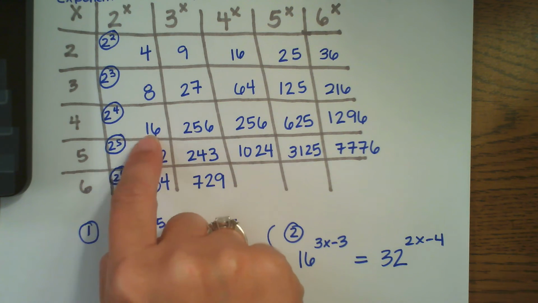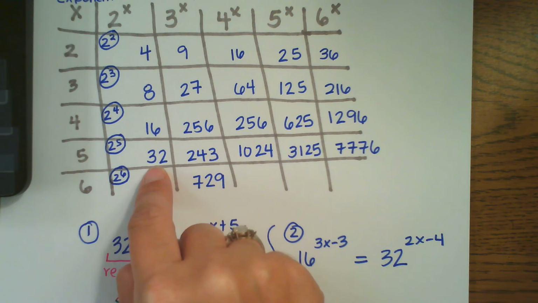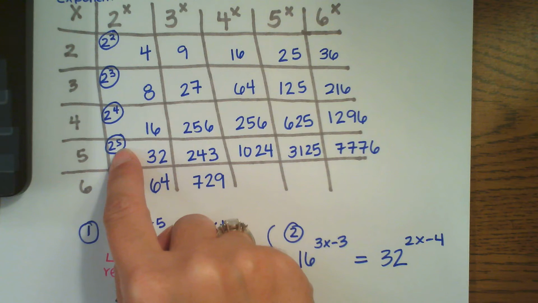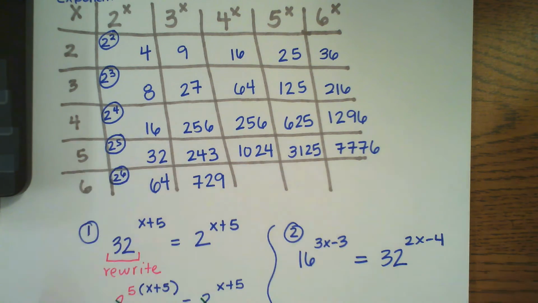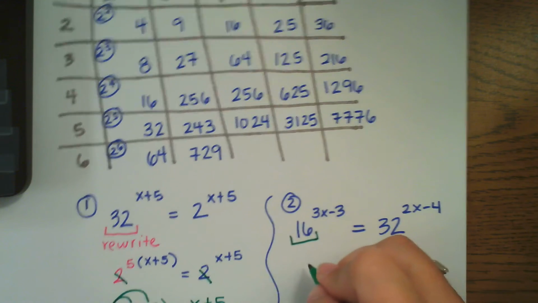So I'm going to have to change 16 to be 2 to the 4th, and I'm going to have to change 32 to be 2 to the 5th. So I rewrite both of them. 16, we said, is 2 to the 4th.